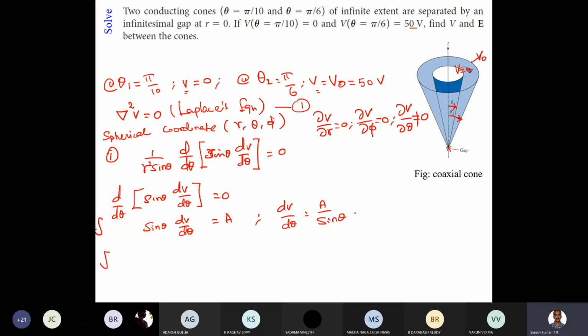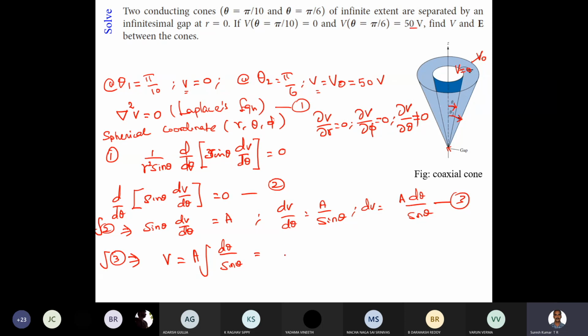I can write dv equal to a into d theta over sine theta. Let us say this is equation 2. If you integrate equation 2, you will get this equation, equation number 3. So if you integrate equation number 3, you will get v equal to integral, a will be a constant, so it is d theta over sine theta.